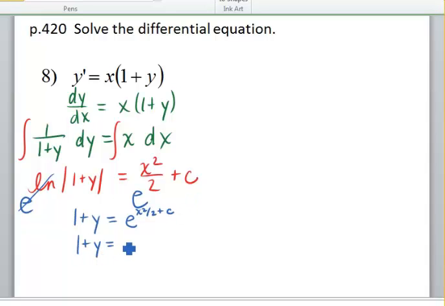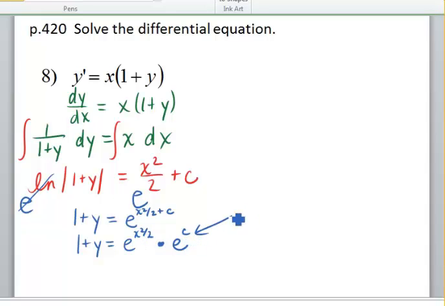Now, one of the things that's very common in calculus is that they will all of a sudden have this big C that appears out front. Where that comes from is using your properties of algebra and splitting these things up and saying, well, this e to the x squared divided by 2 plus c is really e to the x squared divided by 2 times e to the c, because if I have the same base, I add my exponents.